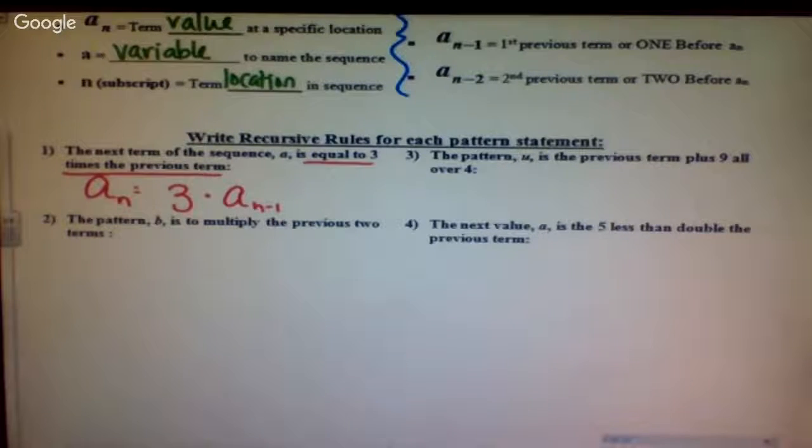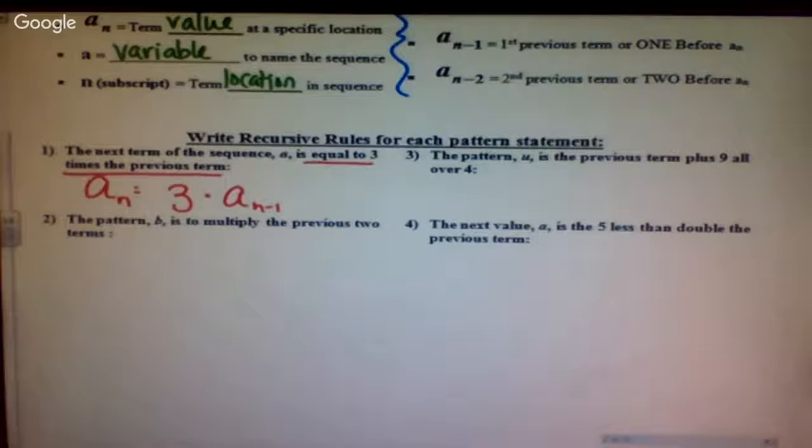So this would become my new A sub n, which then in turn makes this A sub n minus 1, A sub n minus 2, A sub n minus 3. Does that make sense?